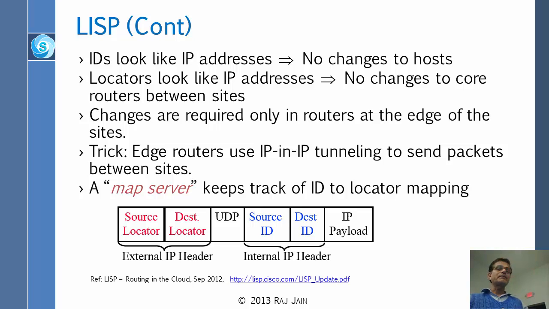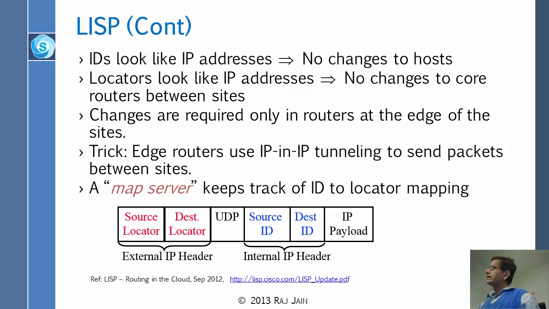All right. So now you see the header. This is your original packet, which has source and destination. It looks like source and destination IP, right? But these are IDs, and this is your IP payload. All that is put into a UDP header, and then that UDP packet is put inside the IP header.